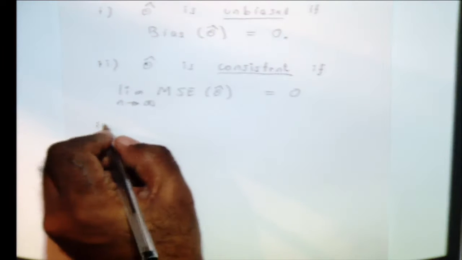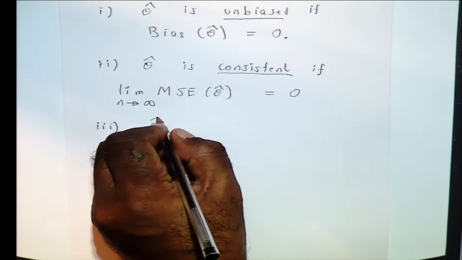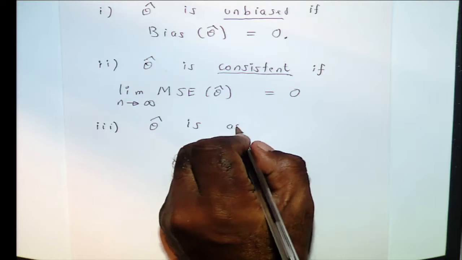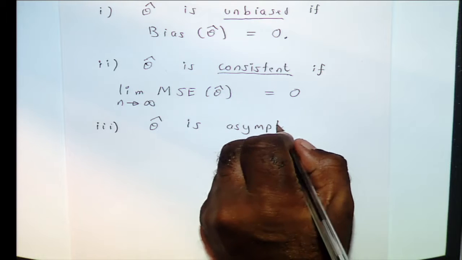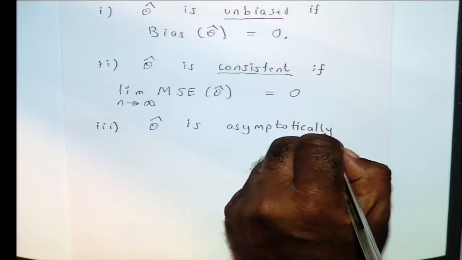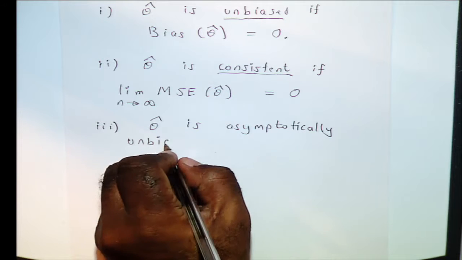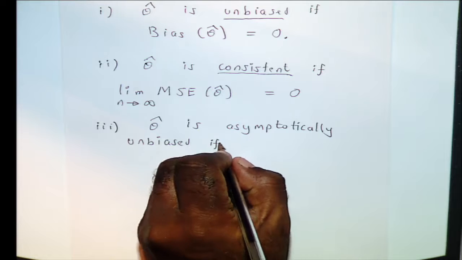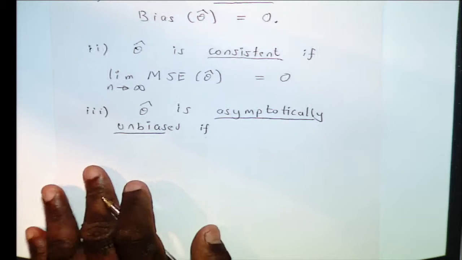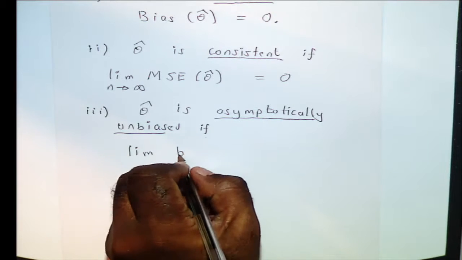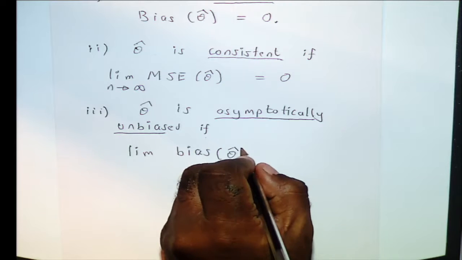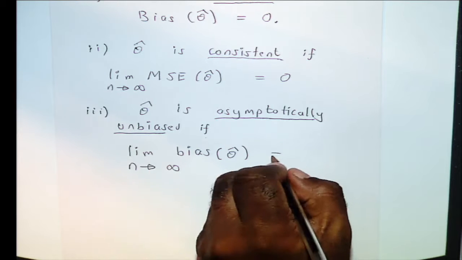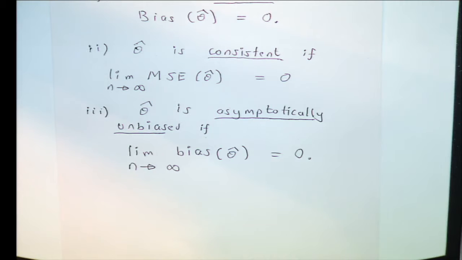Number 3: an estimator is said to be asymptotically unbiased if the limit of the bias as n approaches infinity is equal to 0, right?